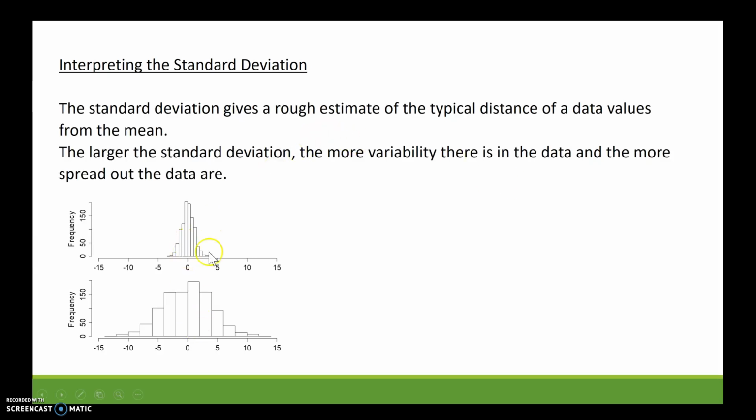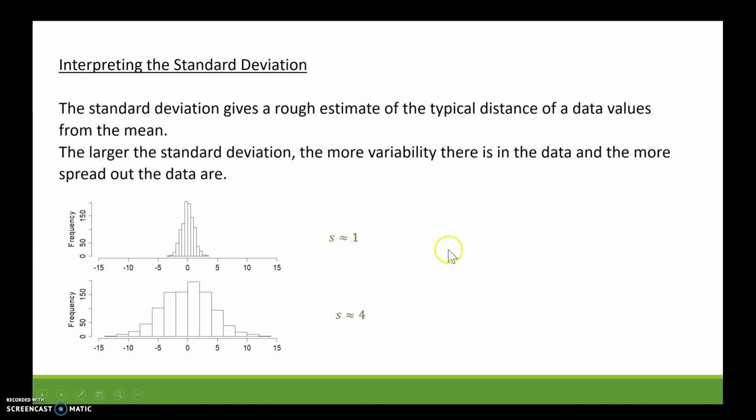So looking at these two plots, notice that this plot has the data points that are really close together, and in this plot they are further apart. This plot is going to have a smaller standard deviation than this plot down here. And it ends up that this plot has a standard deviation of approximately 1, and this one has a standard deviation of approximately 4.